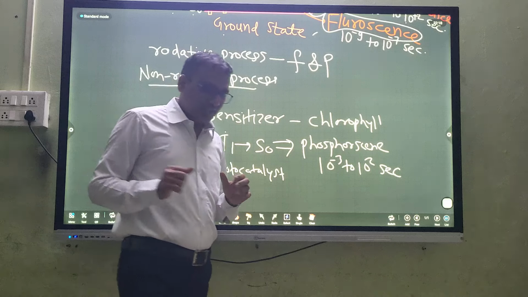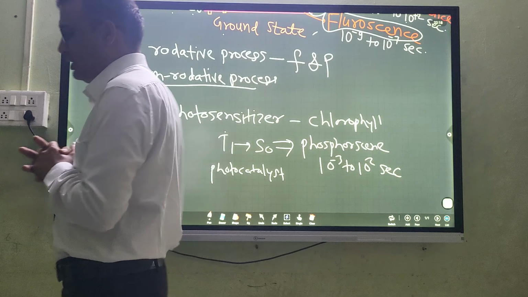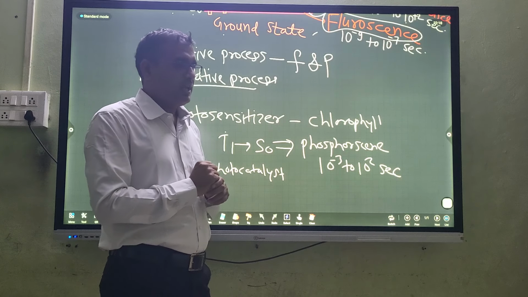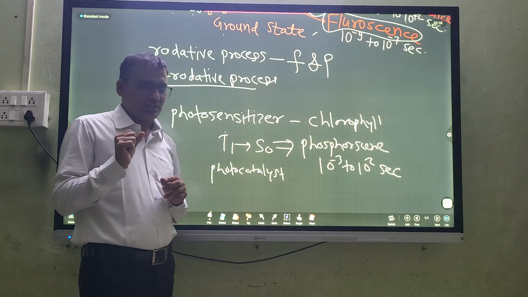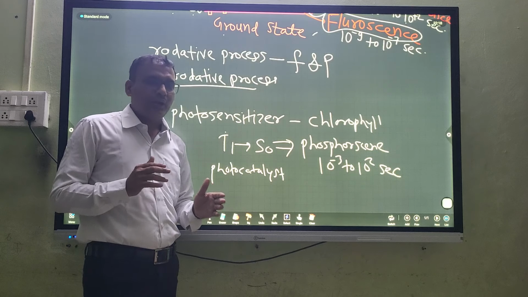Now you know about PDT, photodynamic therapy. In photodynamic therapy, porphyrin rings act as cytotoxics, meaning they can kill cells.